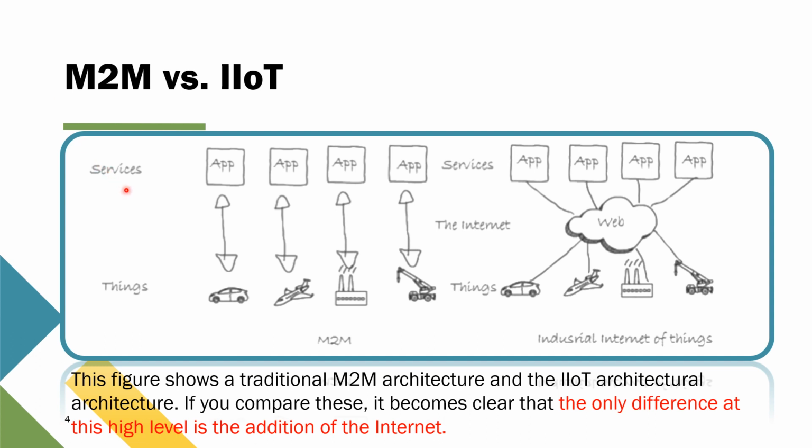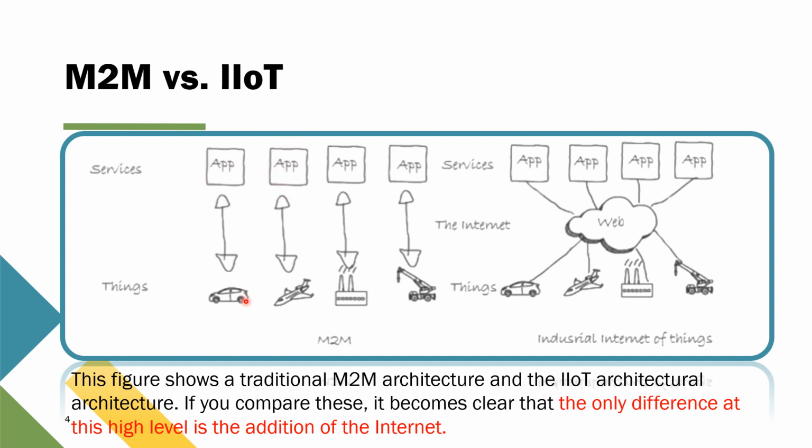Traditionally, with the M2M, the devices or things inside the factory or in the industry are connected to one particular app.